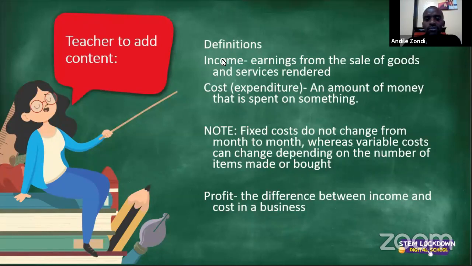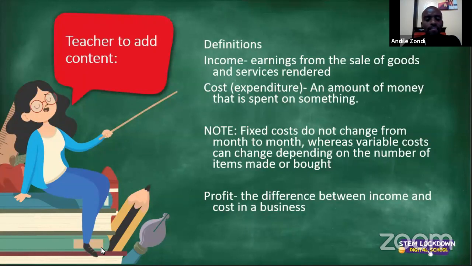So you need to know income, cost, and profit. Profit is the difference between income and cost in a business. To make a profit, your income must be more than your cost. Let me just highlight that.